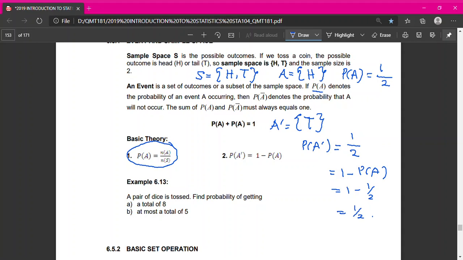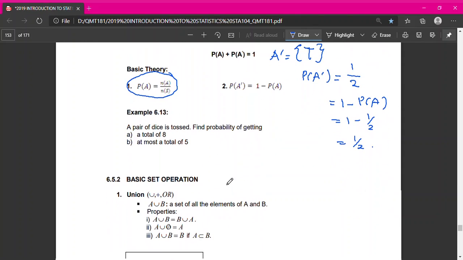Okay, kita buat contoh yang ni. A pair of dice is tossed. Find the probability of getting a total of 8. Okay, a die, dia punya possible outcome when we toss a die will be 1, 2, 3, 4, 5, 6.